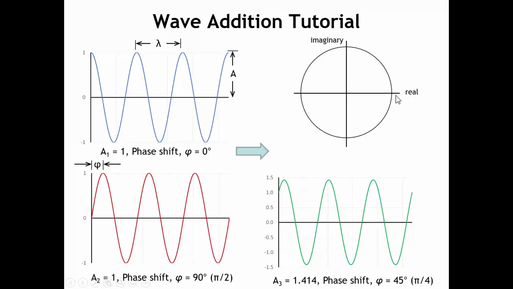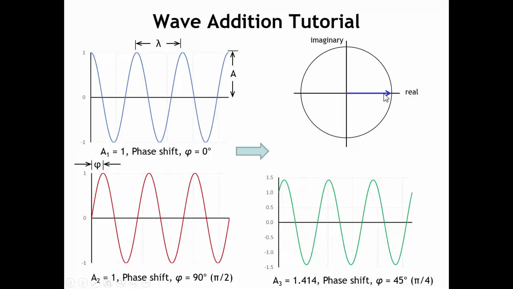Okay, the amplitude of the wave gives us the length of the vector that's going to start at the origin. This circle that I've drawn here has a radius of 1, and the amplitude of both waves is also 1. So that means that both arrows representing waves 1 and 2 are going to start at the origin and end on the circle. So that's the first lesson. The amplitude dictates the length of the vector.